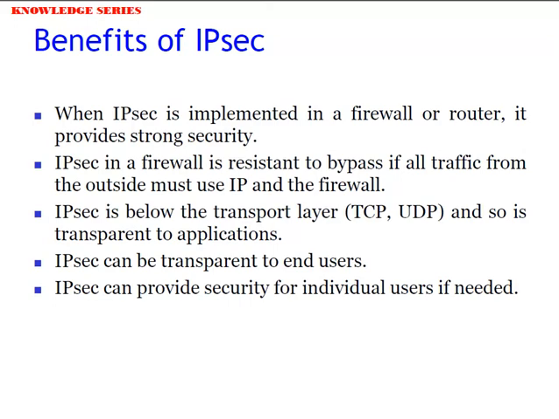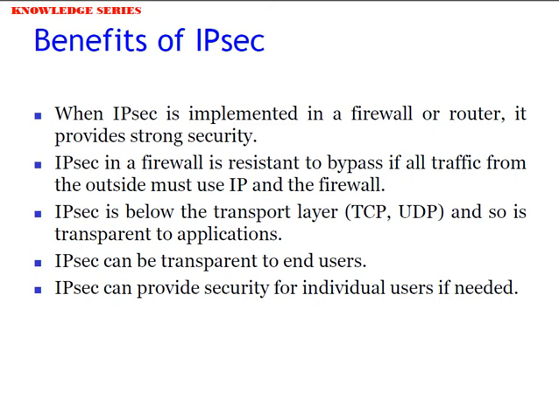The other point is that IP security in a firewall is resistant to bypass, as all the traffic from the outside must use IP and the firewall. That is very true, because during the entrance of the packet from the non-secure network or from the internet into an organization, the IP security needs to be clearly defined, so that the firewall is able to identify the packet and allow it, and the rest it can discard or block.